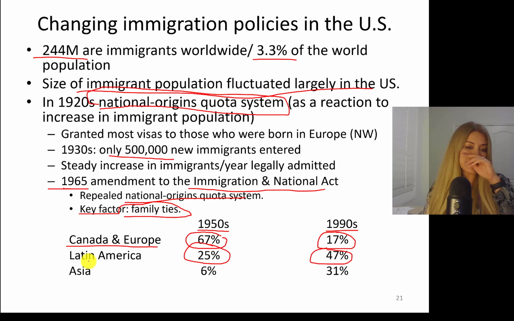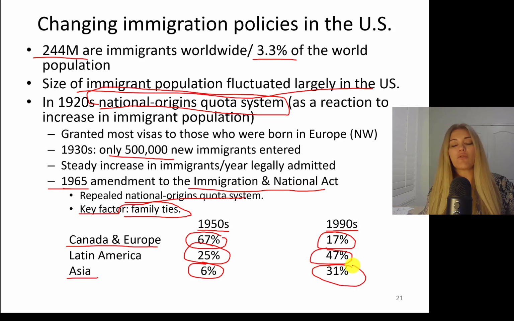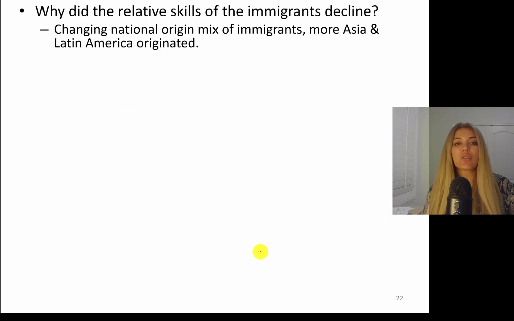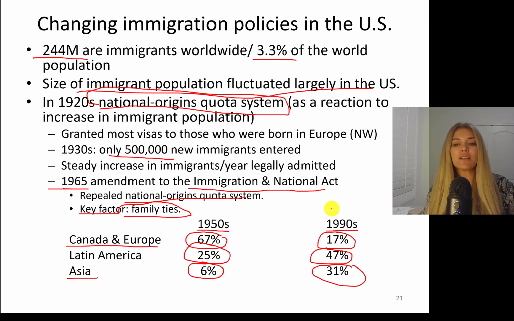Mexico is a large percentage because they are neighbors. Asia used to be 6% of the immigrant population in the 1950s. These days, it's about 31% of the immigrant population in the US. So as you can see, there's a different composition of immigrants, right? You're seeing a decline in Canadian and European immigrants, while the Latin American and Asian immigrant population is going up in the United States.